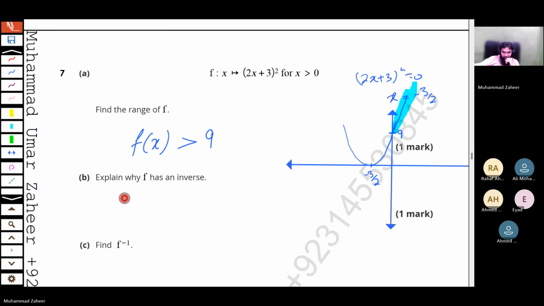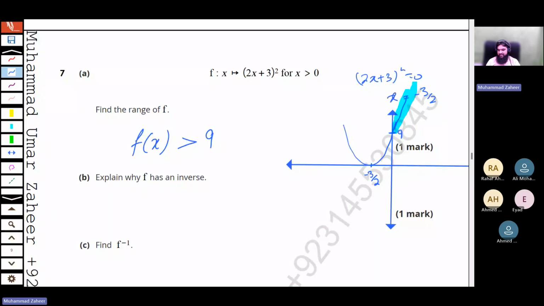No, one to many. It is not one to many. With the restriction, it is one to one. If you have a function, one to many is not a function. Many to one is a function, okay? Now look at here, for each value of x, you are getting a single value of y, right?